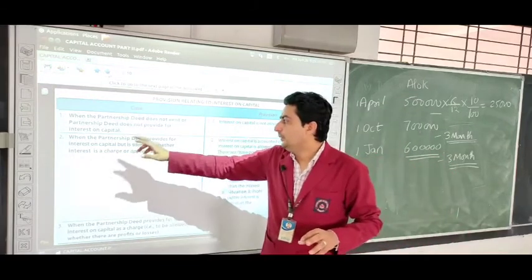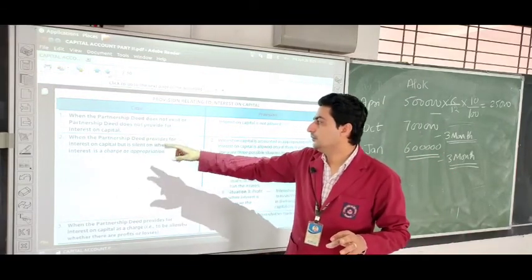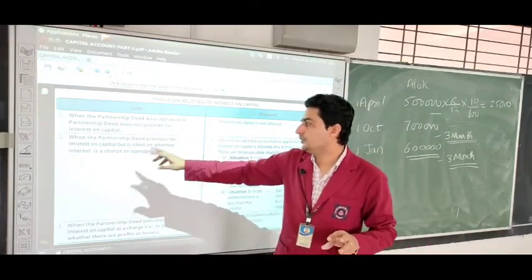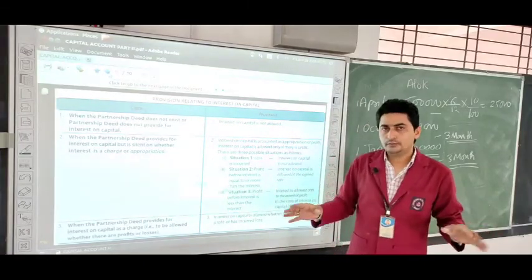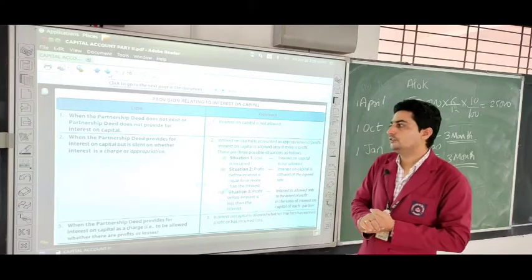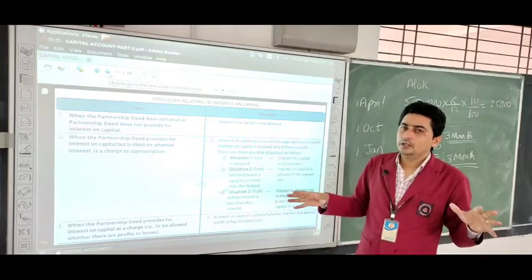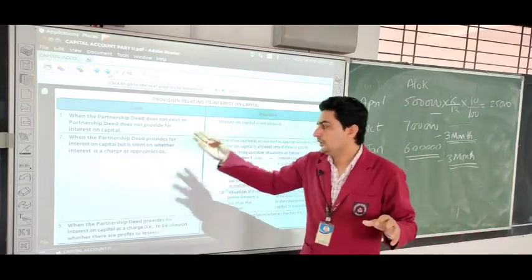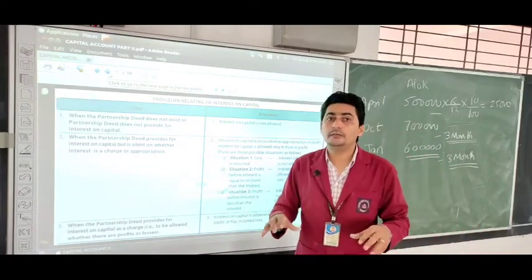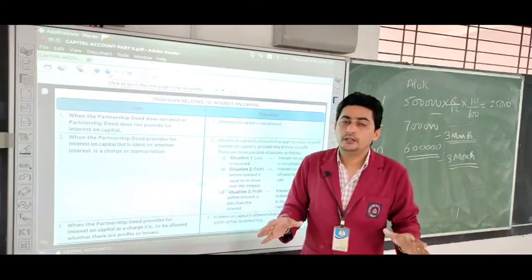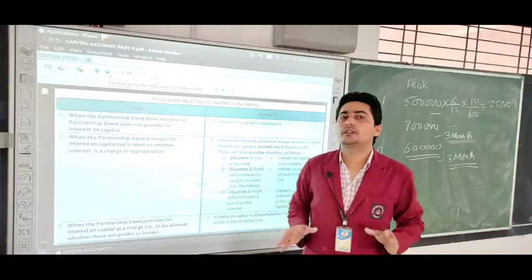Then when the partnership deed provides for interest on capital but is silent on whether interest is a charge or appropriation. The partnership deed provides interest on capital, the percentage is given, but it is silent whether it is a charge or an appropriation. Now what is a charge? Charge means whether your firm is incurring loss or having profit, we have to allow interest on capital.